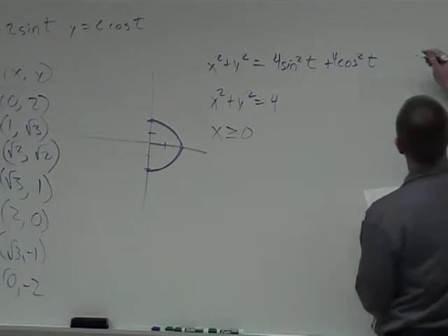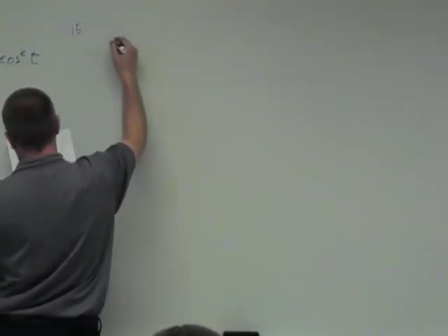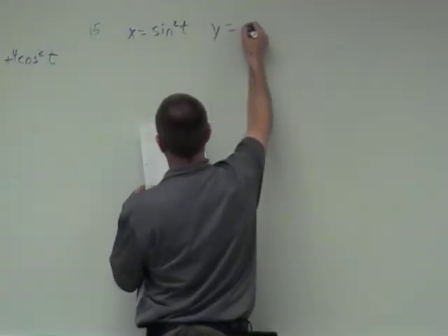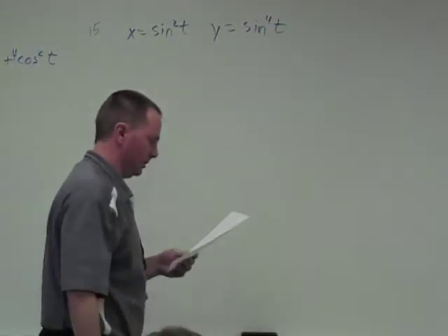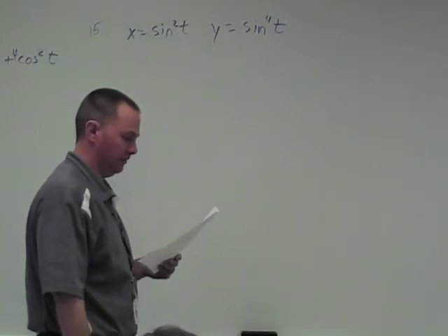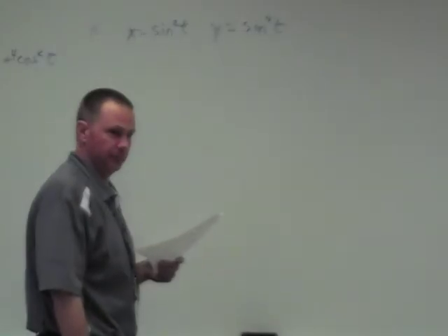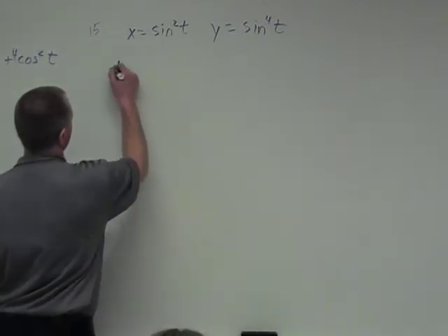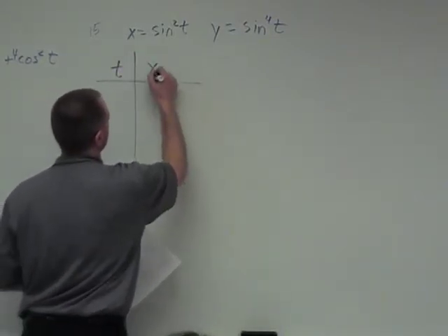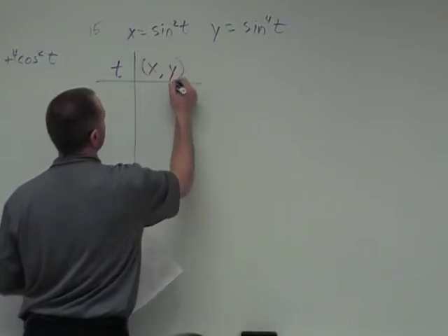Alright, 15. X equals the sine squared of t. Y equals the sine to the 4th of t. Oh, there's no cosines there. I guess we can't do it. No, we can. Okay, we'll try. I'm not a very smart guy, so I may need your help.